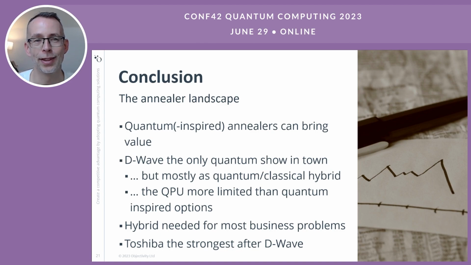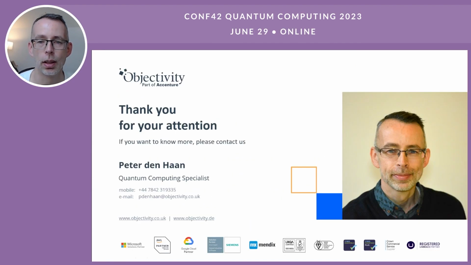So don't let anyone tell you that you are working on an abstract problem that will only bear fruit 20 years from now. Some of the big promises are a number of years into the future, but there is real current and near-term value in quantum computing to be had if you pick the right problem and you pick the right technology. Thank you for your attention.